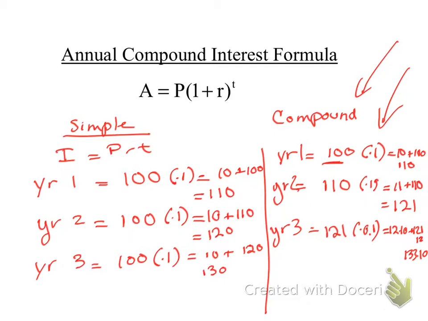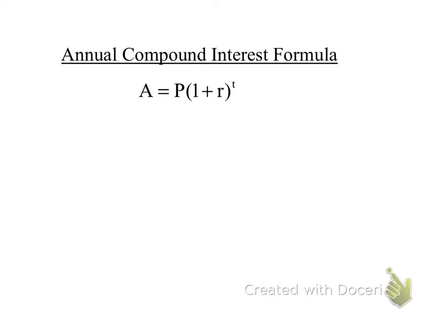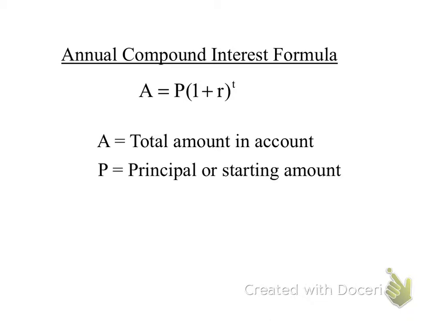Okay, there is an equation that's used for the compound interest. Most of the time you need to use the equation. There'll be big numbers. And A stands for the amount in the account. P stands for, you should be writing this, P stands for what? Principal.